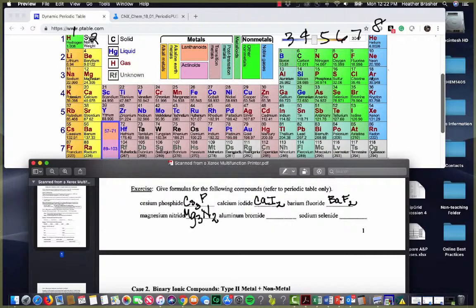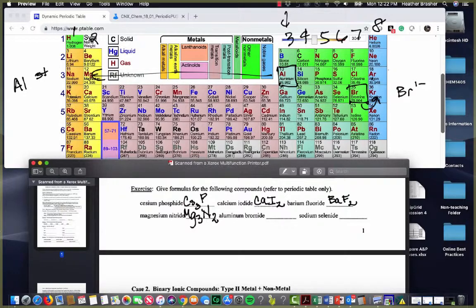So aluminum is here. And if you look, the number of valence electrons we have are 3. So to get stable, we need to lose those. So we're going to have aluminum 3+, right? And then if we go over here with bromine, we need to just add 1 to get our valence stable.